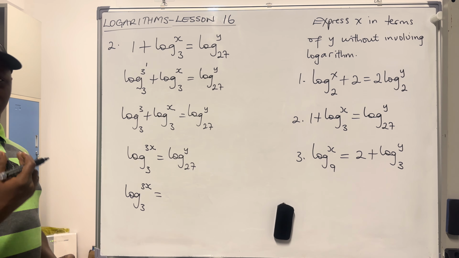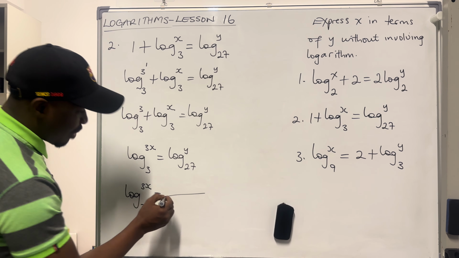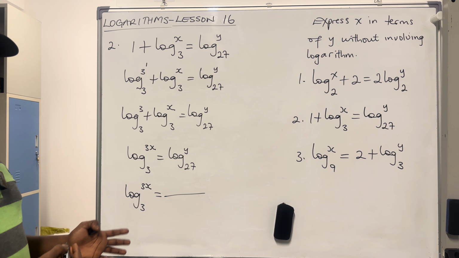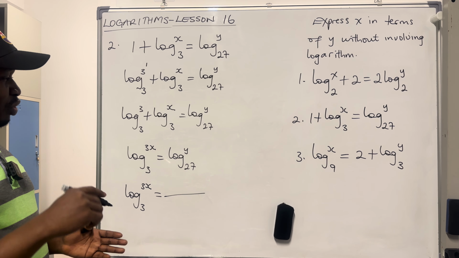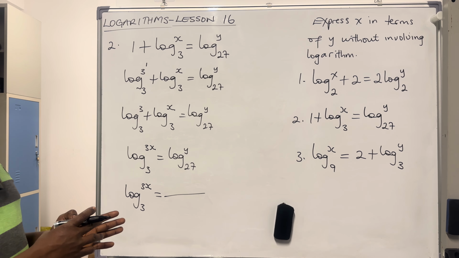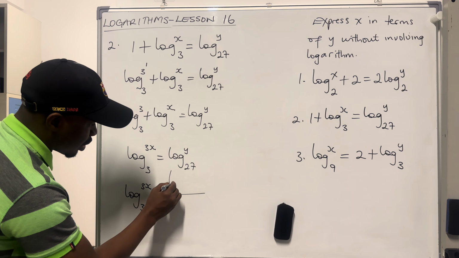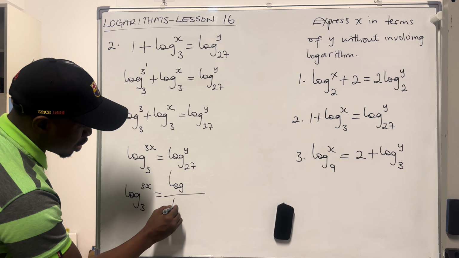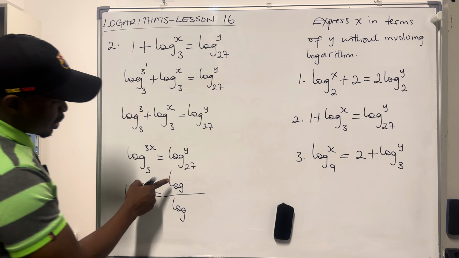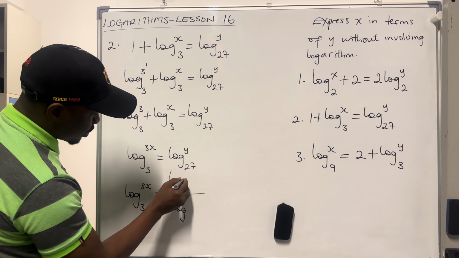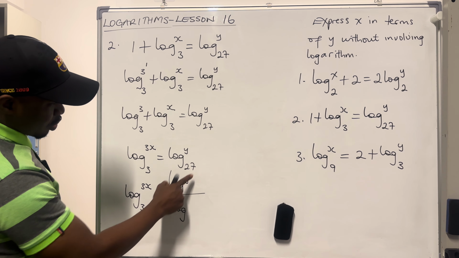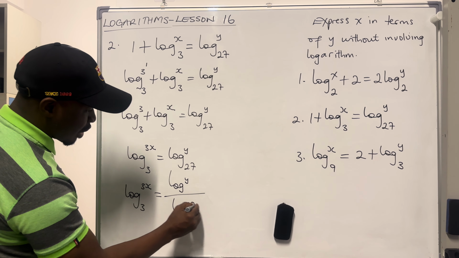So how do we go? We go to change of base. We have two formats, but we don't go to the one with 1 over. We go with the full fractional concept. So we say log, this log takes this y, this log takes this 27.